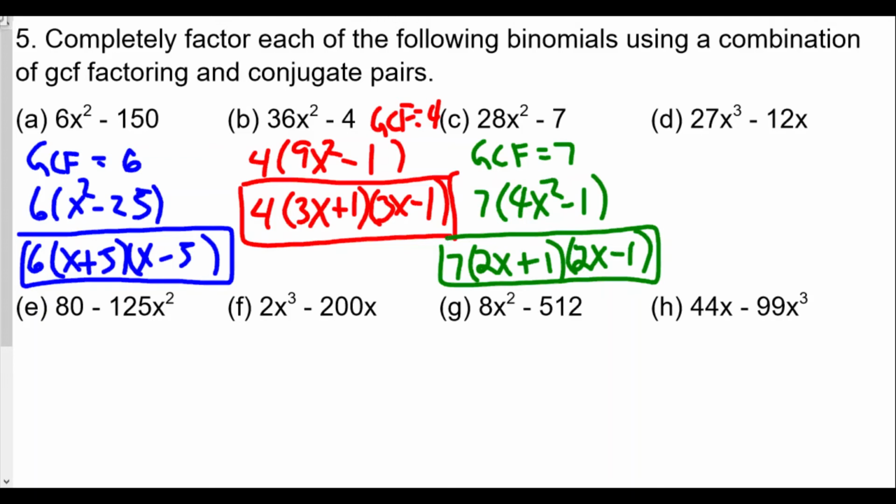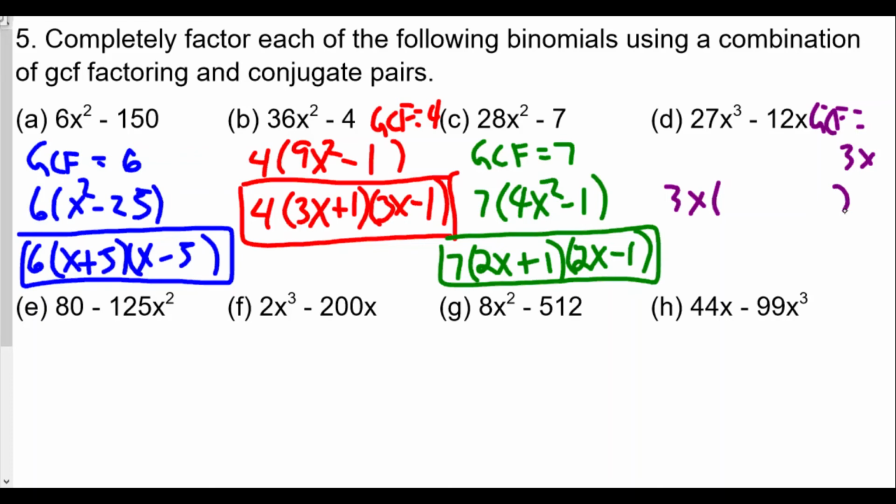Okay. For D, our GCF, I can fit here, is equal to, well, it looks like I can divide both by 3 and by x, so it would be 3x. All right, so we're factoring out 3x here, and now 27x cubed divided by 3x.